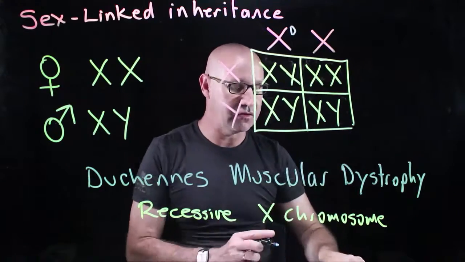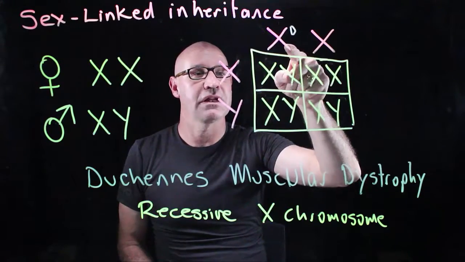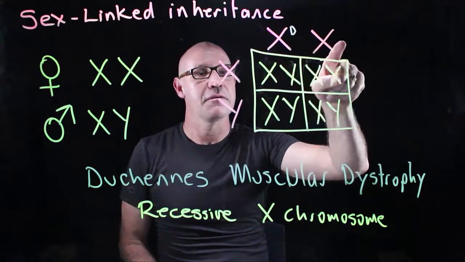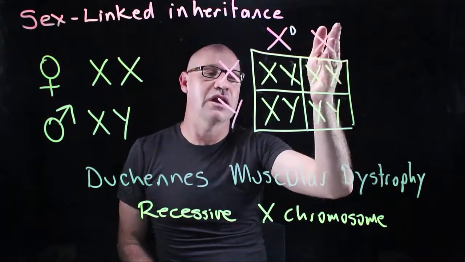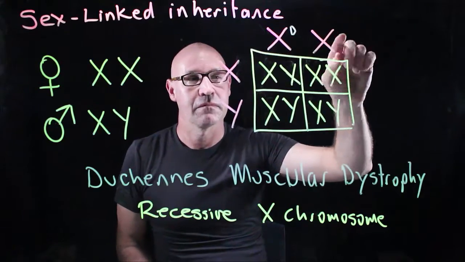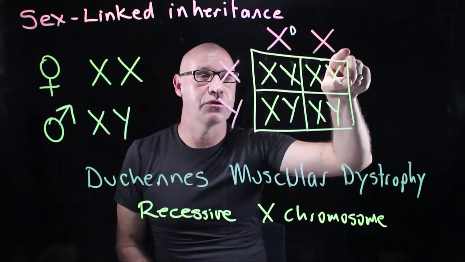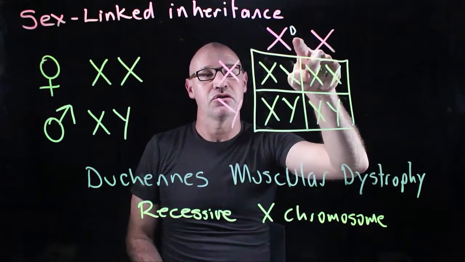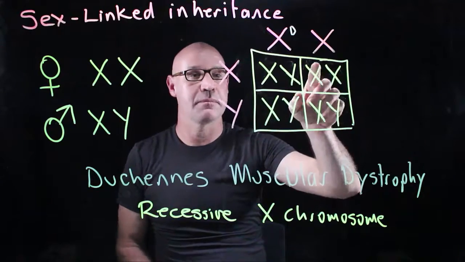Now, this is the allele that has the disorder. It's the recessive allele. So the mother, because she has an X chromosome that's unaffected, will be a carrier, but she won't actually have the disorder herself. So she mates with this gentleman who doesn't have it, and let's see what happens.